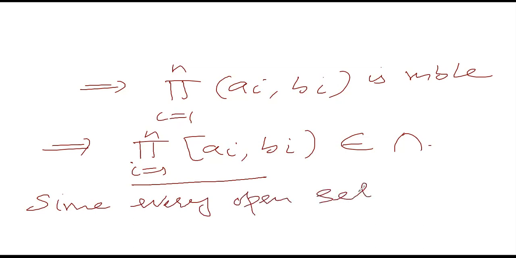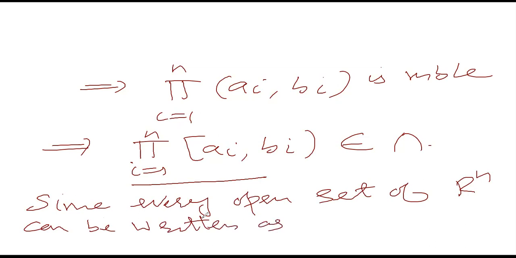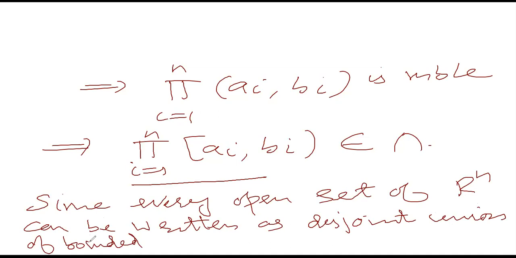Since every open set of Rn can be written as a disjoint union of bounded open intervals.